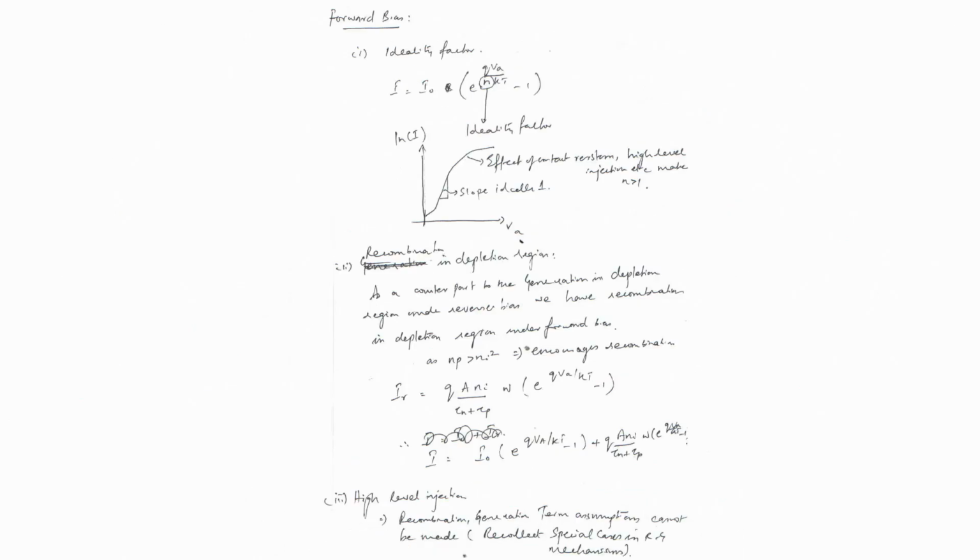So, now what are the non-idealities in forward bias? In forward bias, the first thing to notice is that the currents are going to be quite large.